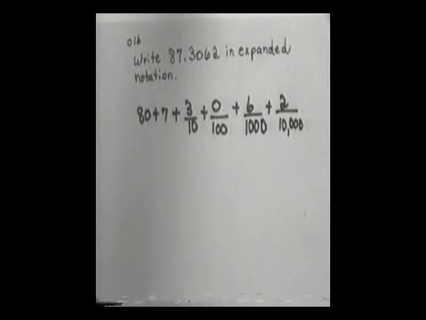So we have 80 plus 7 plus 3 tenths plus no hundredths plus 6 thousandths plus 2 10 thousandths. That's the way we write our number in expanded notation.